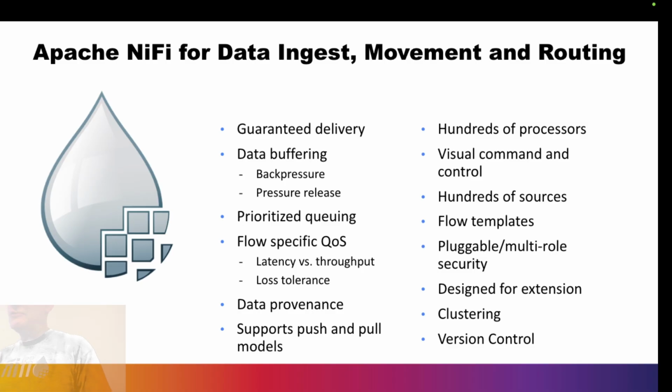This is the feature that has been really awesome, and I really love this one, the data provenance. That is a lineage of everything that happens. This is really great for auditing. So if I touch a piece of data, I have all the metadata of what I touched.